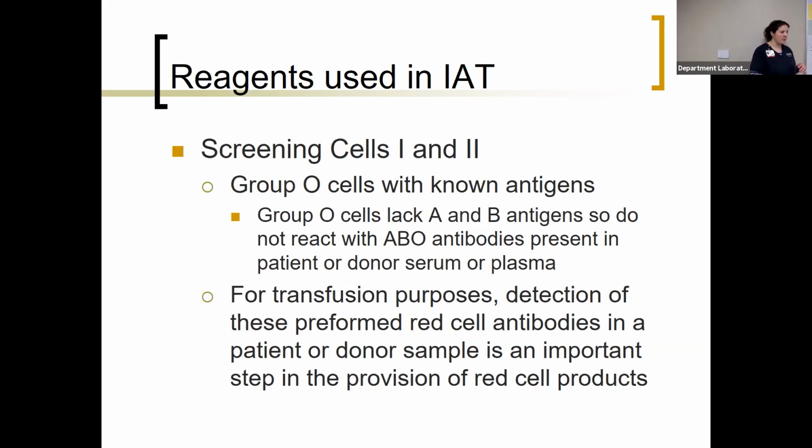Does that make sense? That's why they're group O. Because if you were to use group A cells and you had a B patient who has anti-A in their plasma, all of these cells are going to react at initial spin because of the patient's anti-A. And we won't be able to identify any other allo antibodies, right? So that's why they're group O.